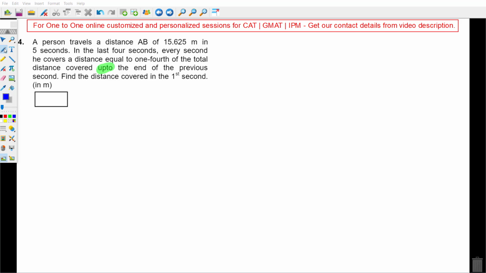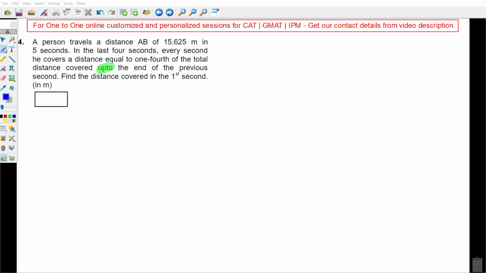Okay everyone, look here. Let's read it again. A person travels a distance AB, that is 15.625 meters, in 5 seconds. In the last 4 seconds, every second he covers 1/4 of the total distance covered up to the end of the previous second. So what does it mean?